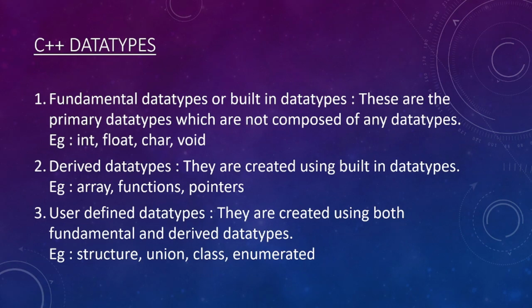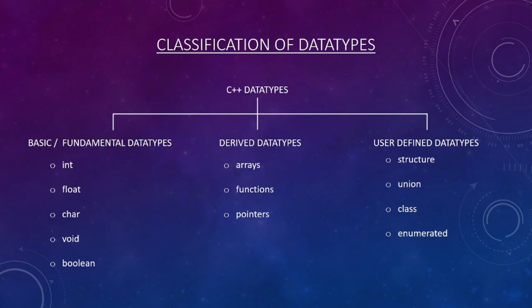If we take it in terms of data types, fundamental ones are int, float, char, void. Using these data types, you will derive some other data types. Those are nothing but derived data types. For example, arrays, functions, pointers, right? The examples include arrays, functions and pointers.